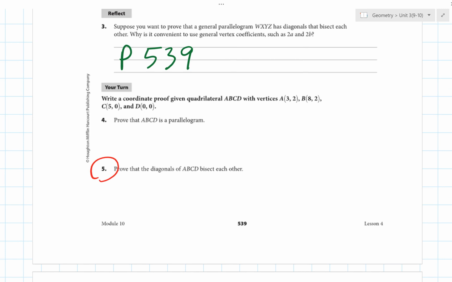We're going to use the distance formula to prove that the diagonals of figure ABCD bisect each other. So we're given points A, B, C, and D. We'll just start with a rough sketch. Point A is at 3, 2. Point B is at 8, 2.